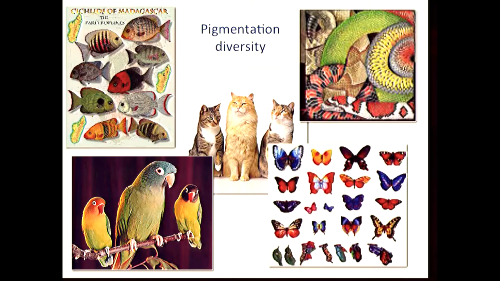So pigmentation, I think, is a great trait to study if you want to understand how evolution works. If you're interested in the specific mechanisms, it's really hard to study things that are very far apart. If I wanted to know how the fish's tail was different from the butterfly's wing, there's so much that's changed.